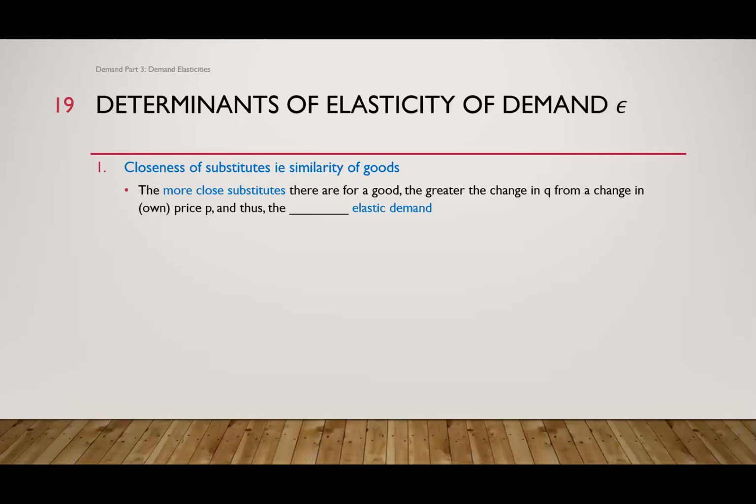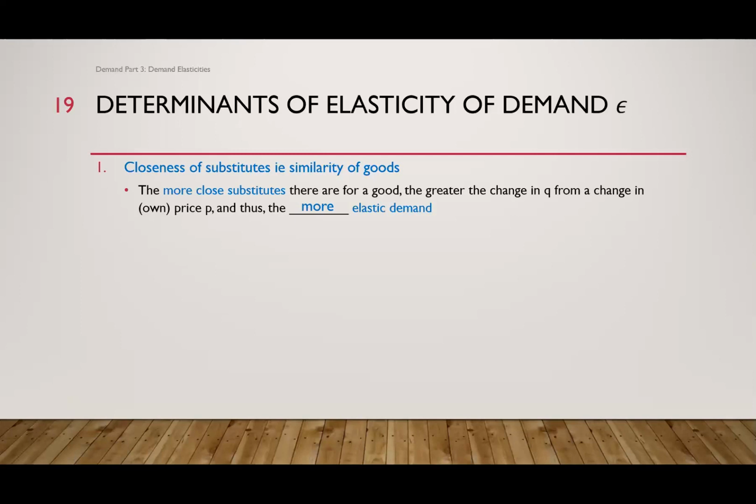Intuitively, if there are more close substitutes, then when a firm tries to raise its price, more customers will leave because there are close substitutes to replace that relatively more expensive good. Therefore, demand will fall quite a bit for the firm that's trying to raise its price. In other words, demand is very sensitive to the change in price, and so we'd have more elastic demand, relatively speaking.